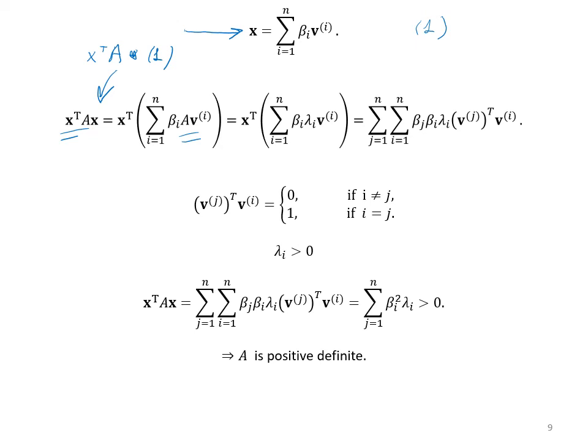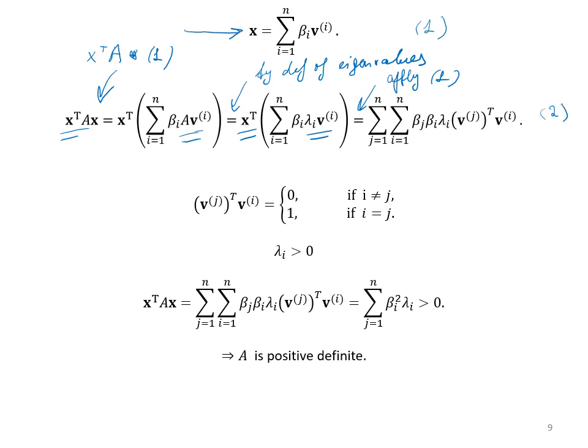When we do some calculations, by the definition of eigenvalues, we just replace the product A v with lambda v, and next we replace this transposed vector x with formula 1, applied and transposed, and we are able to get this expression, let's say expression 2.